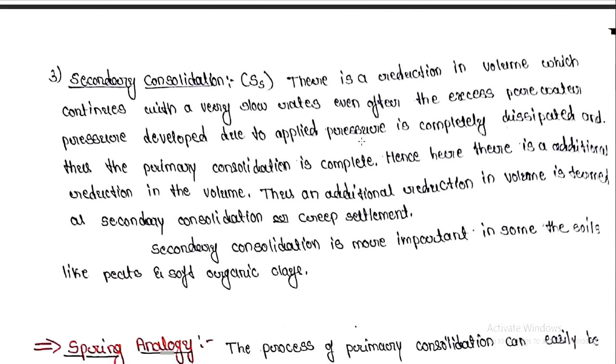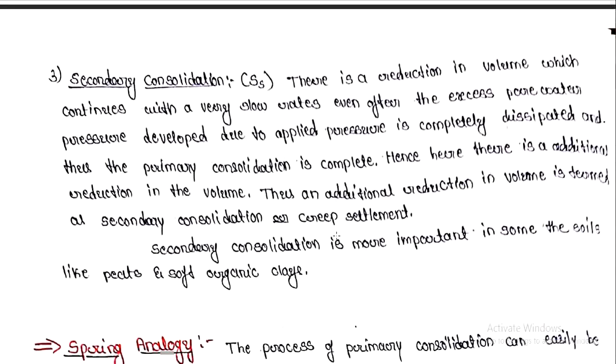Next, secondary consolidation. There is reduction in volume which continues at a very slow rate even after excess pore water pressure developed due to applied pressure has completely disappeared, thus primary consolidation is complete. This additional reduction in volume is termed secondary consolidation.